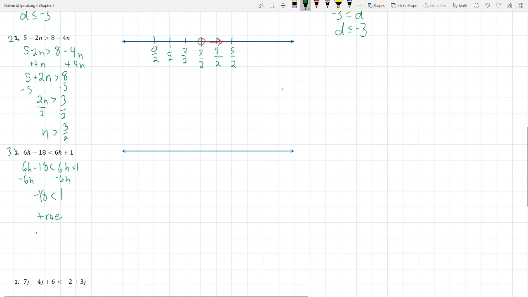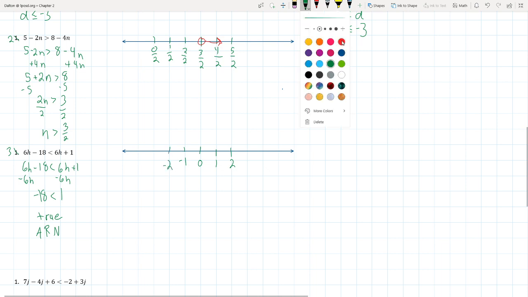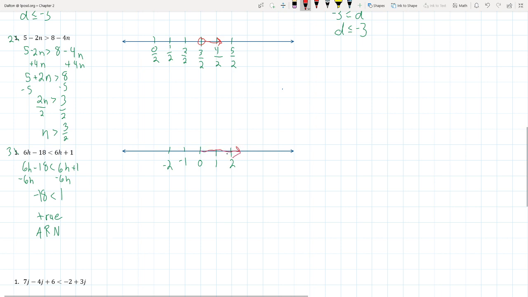So my answer here is all real numbers. Those are my solutions. All real numbers is an answer for us. And so maybe this is labeled 0, 1, 2. Just keep it simple on yourself. Negative 1, negative 2. And my arrow is actually going to go in both directions, and we're not going to have any points.